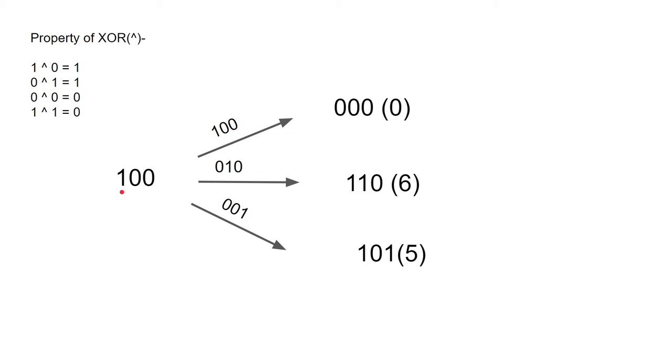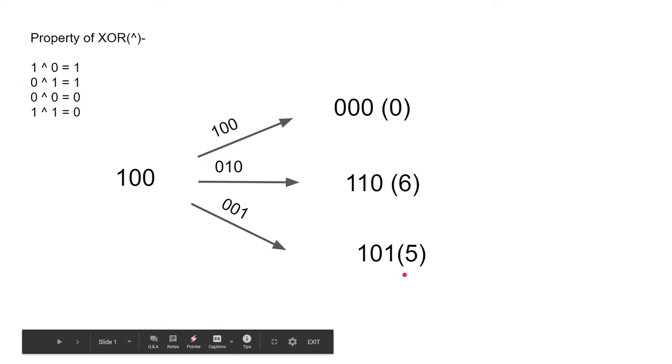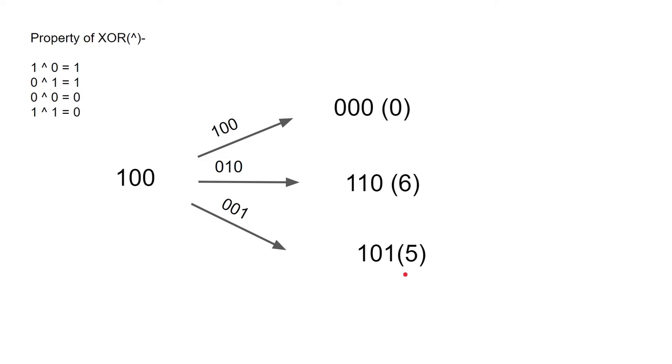And when we do XOR of 100 with 010, then this bit is 0, this is 1, and this bit would also be 1. So the number obtained is 110, which in decimal is 6. Now doing XOR with 001, we'll be getting 101 as output. In decimal this number means 5.